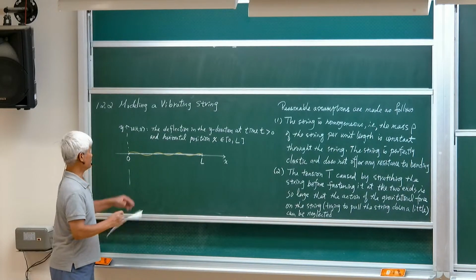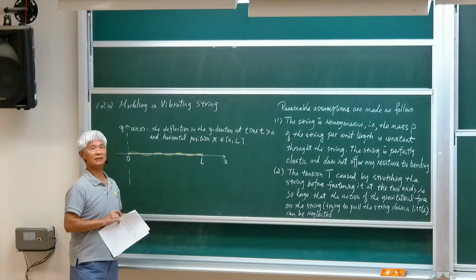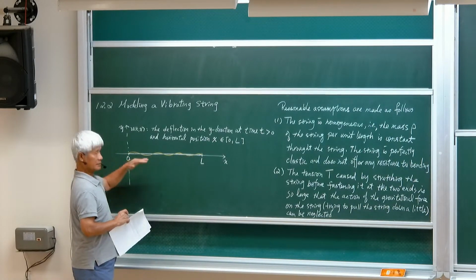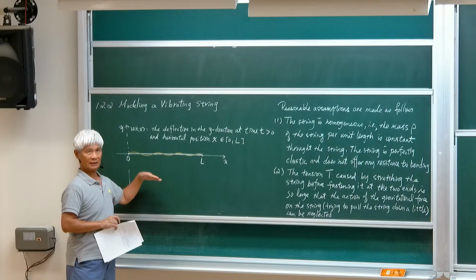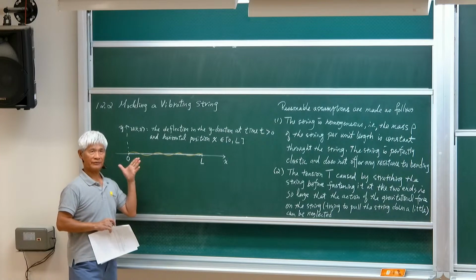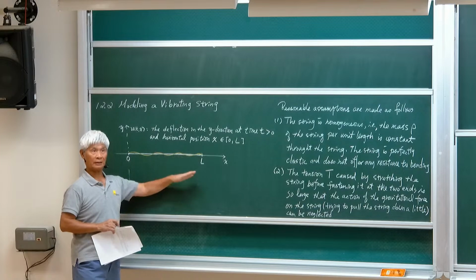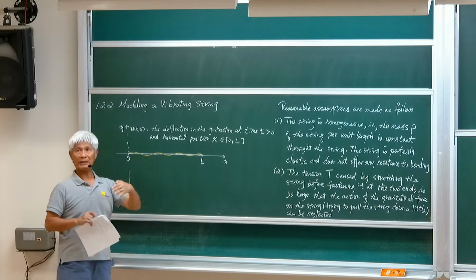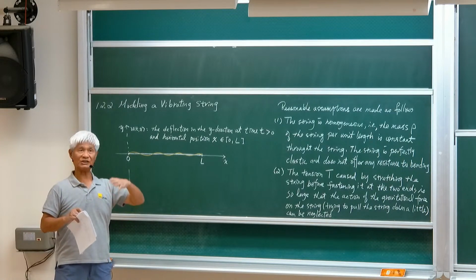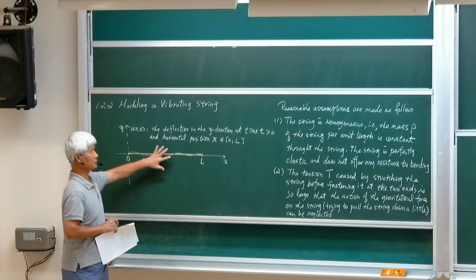To have a vibrating string, as we know, we have to stretch the string so that there is tension on the string before we fasten the string at the two end points 0 and L. Otherwise, if the string has no tension, then you can't vibrate it, because it will be too loose.